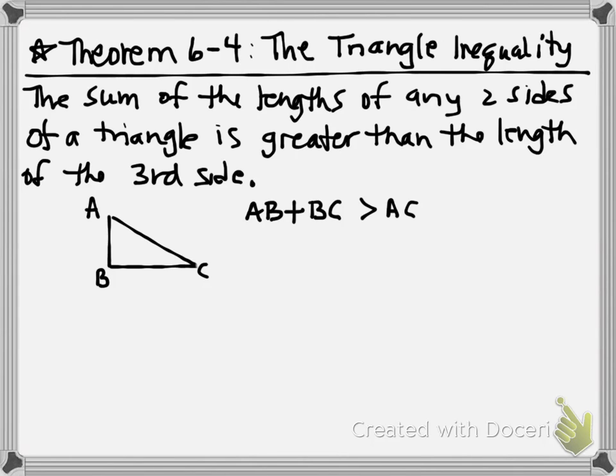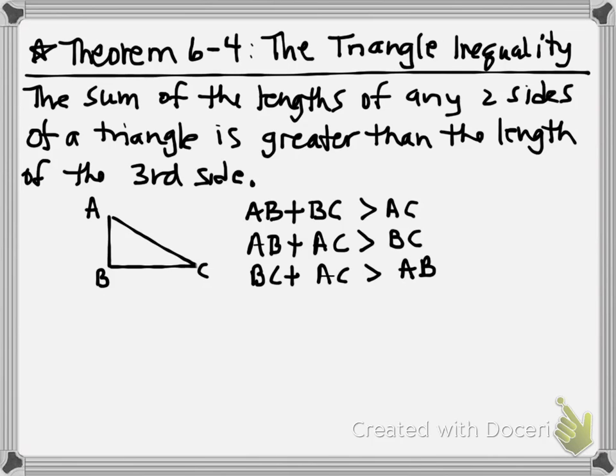So this looks like a right triangle. If it was, the two legs would add up to be greater than the hypotenuse. If I added AB plus AC, so a leg and the hypotenuse, it would be greater than BC. If I added BC, the longer leg, and the hypotenuse, it would be greater than AB. Okay.